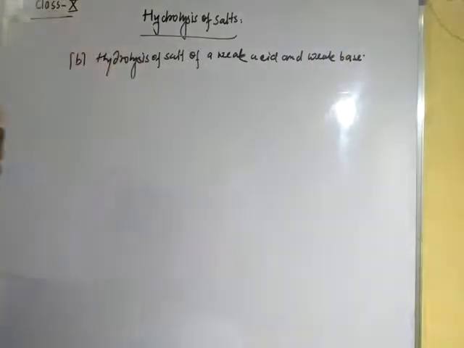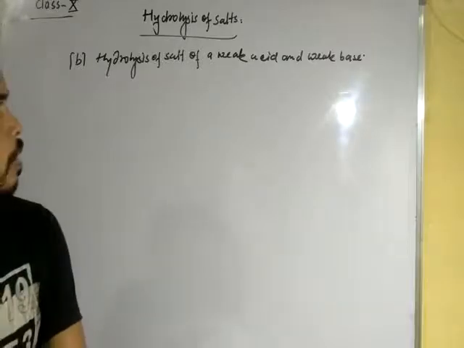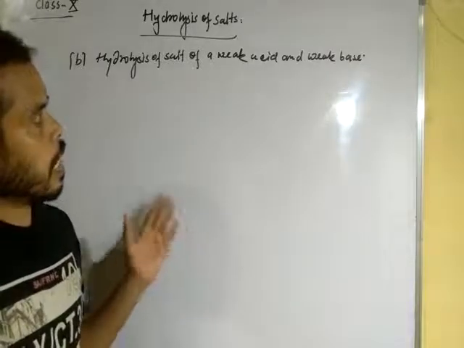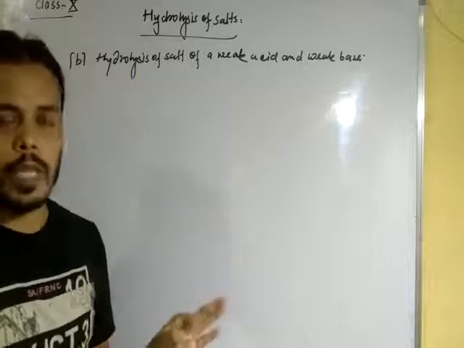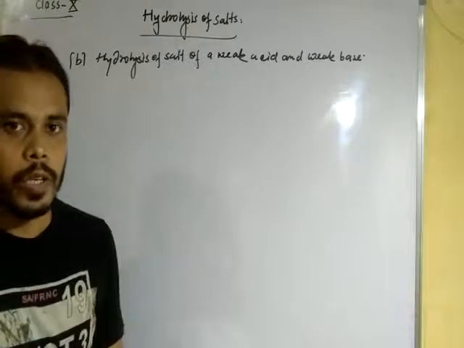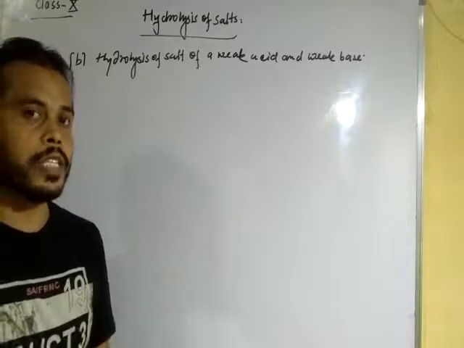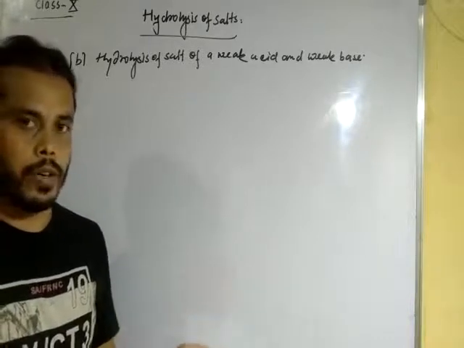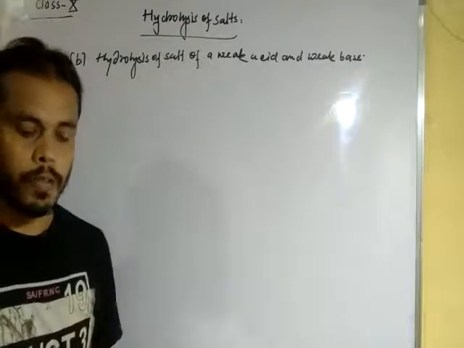Okay dear student, in this hydrolysis, the solution obtained after dissolving the salt may be acidic, basic or neutral depending upon the nature of the acid or base dissolved in the water.